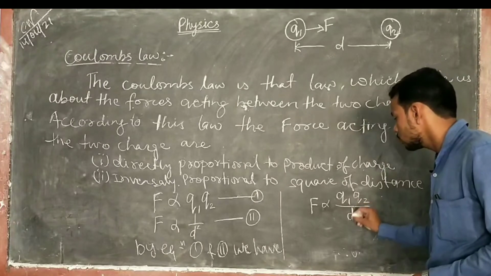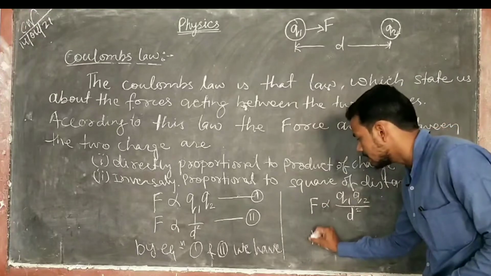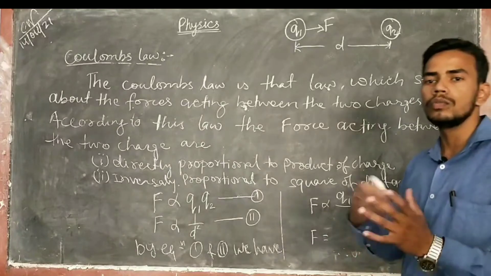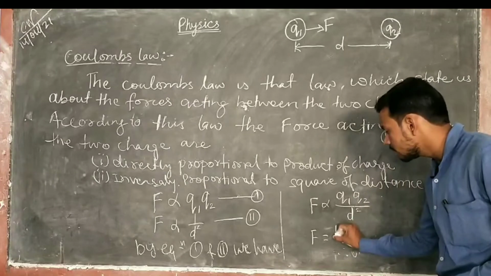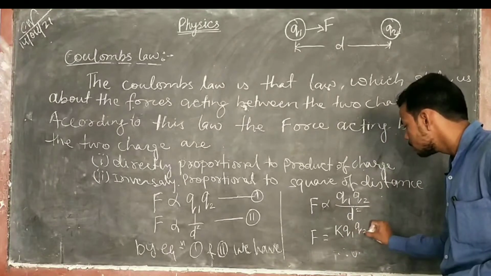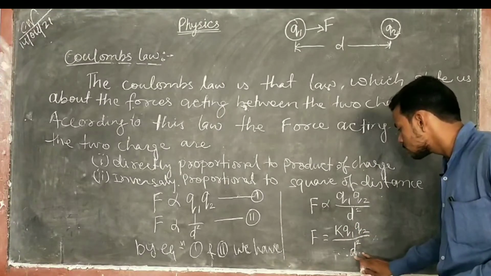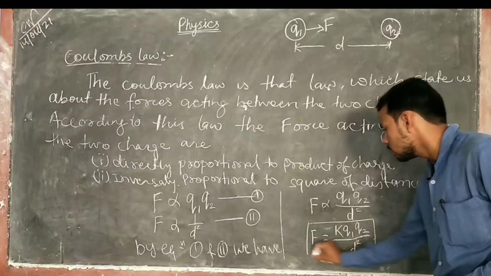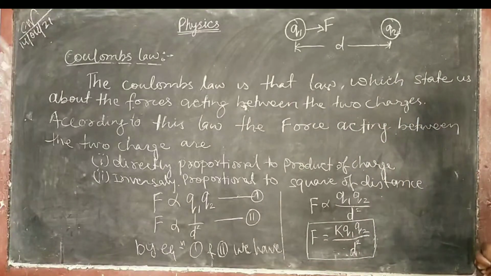If we remove this proportionality sign and put an equal to over there, we will get F is equal to k Q1 Q2 upon d square. This will be the final formula of Coulomb's law.